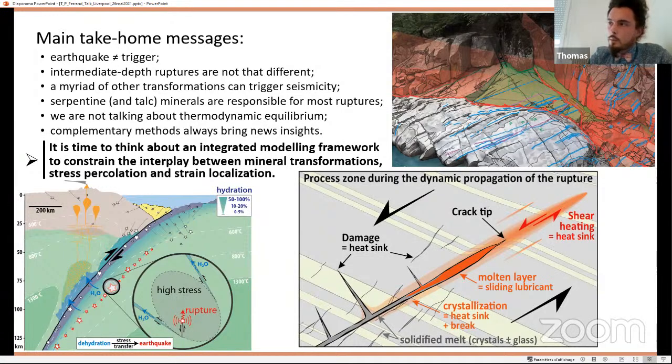We are not talking about thermodynamic equilibrium at any point of this talk, and complementary methods always bring new insights. It is time to think about an integrated modeling framework to constrain the interplay between mineral transformations, stress percolation, and strain localization. And thank you for your attention.